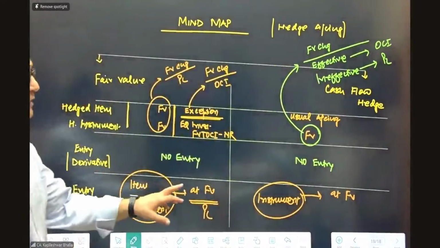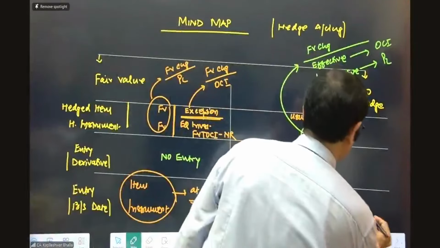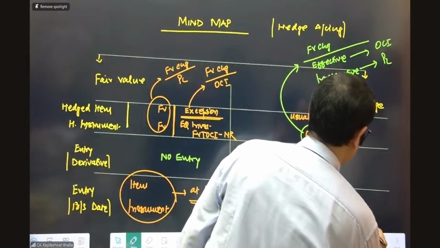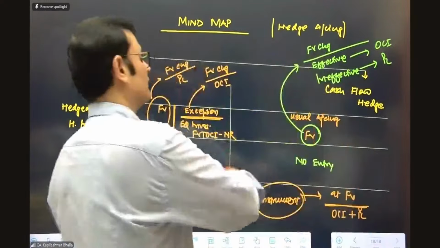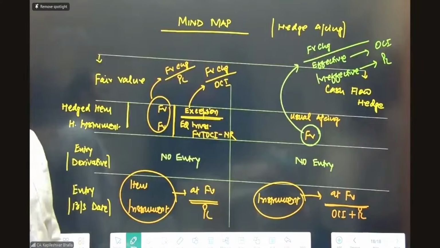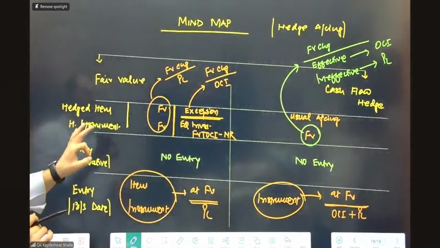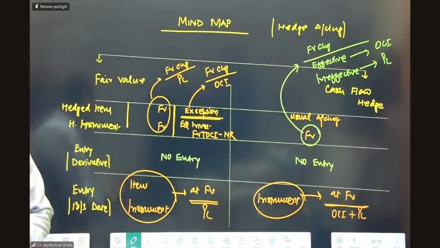The hedged item is not captured at fair value, and this difference is taken in the OCI or the P&L, depending on whether it is effective or ineffective in nature. So this is a quick mind map in terms of hedge accounting: what do you do when it is a fair value hedge, and what do you do when it is a cash flow hedge?